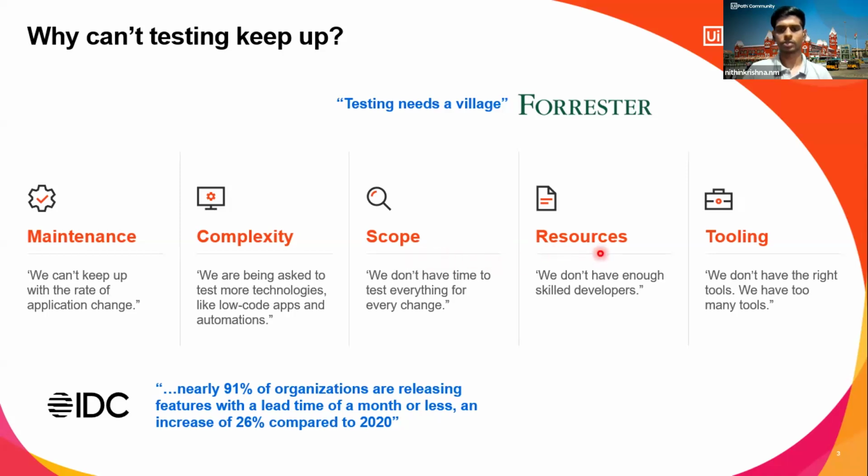And the resources. So resources can be of many things. One is the developers. For automation testing, you need to have various skill sets, as we discussed, based on the target application. And second, you also need more resources on the technical side, like the servers, toolings, whatever we have.